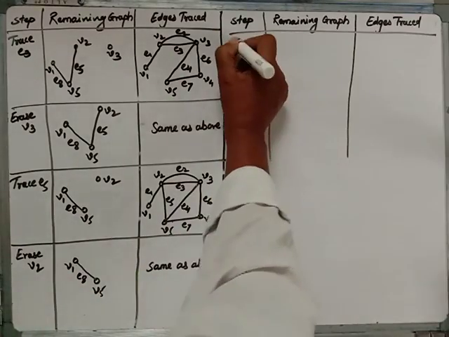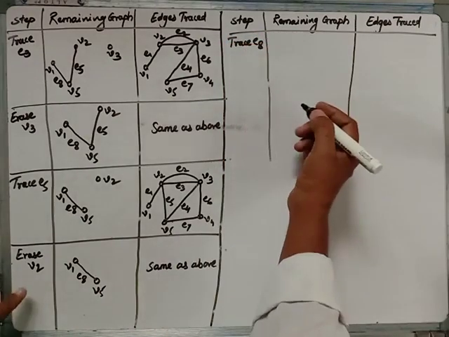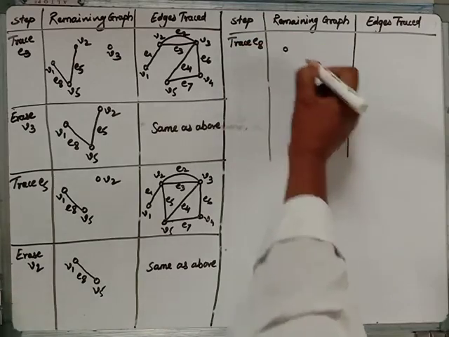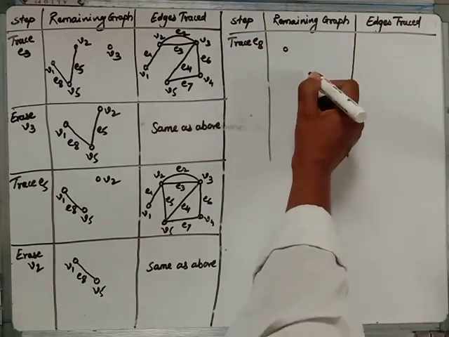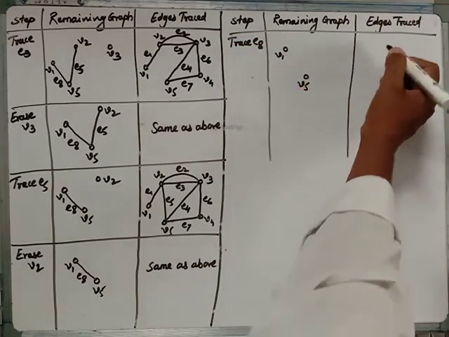Now let's trace E8. What does it give? V1, V5, simply.